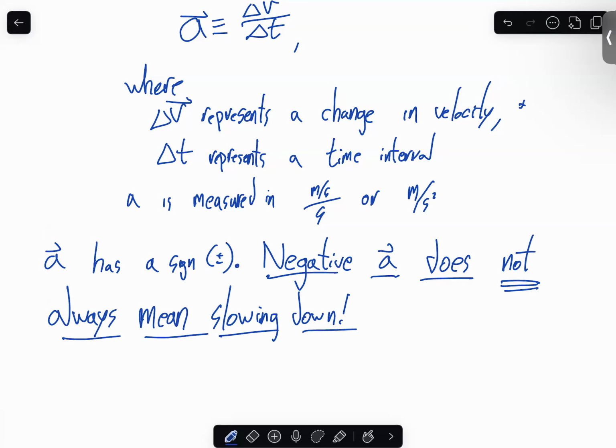If you are slowing down, you might have a positive acceleration. You might have a negative acceleration. It depends, and we'll see later on what it depends on.